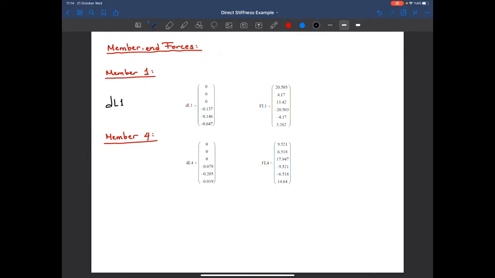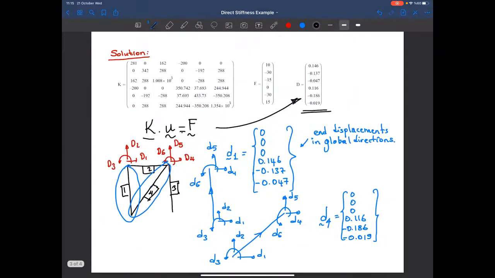The DL1 is the displacements in local directions. That's equal to the rotation matrix of the first member multiplied by the displacements in the global directions. And I have to do the same thing for the fourth member. So the DL4 is equal to the rotation matrix for the fourth member multiplied by the displacements in the global directions.